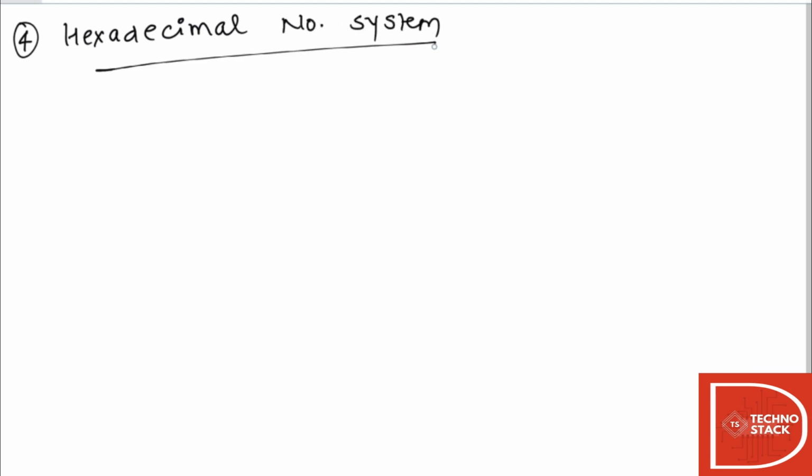Last, this is hexadecimal number system. It has 16 unique symbols, that is 0, 1, 2, 3, 4, 5, 6, 7, 8, 9, similar to decimal.